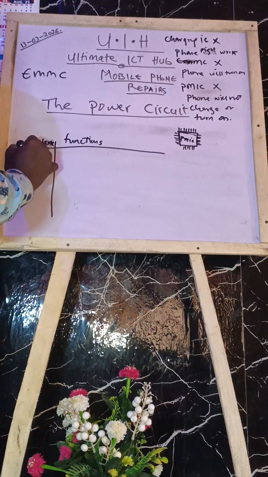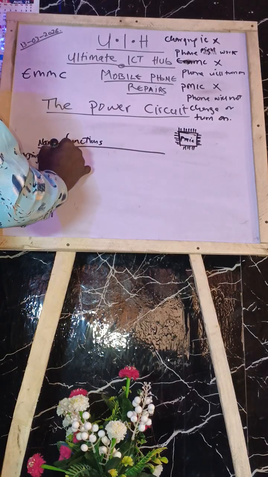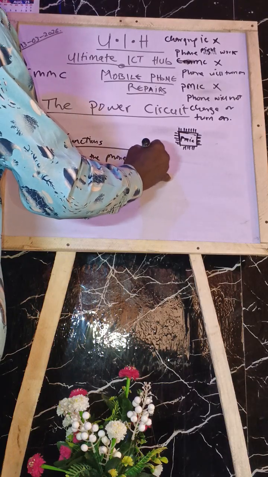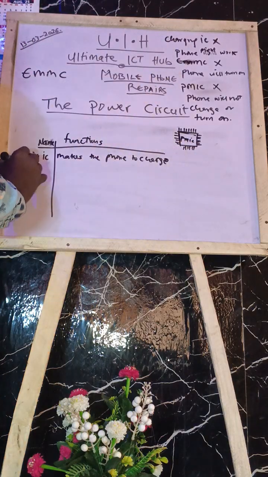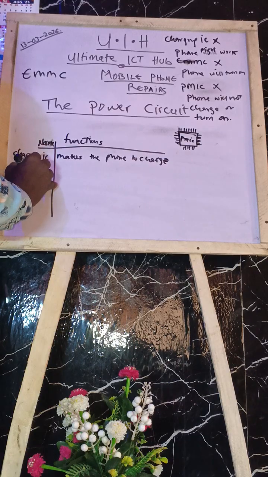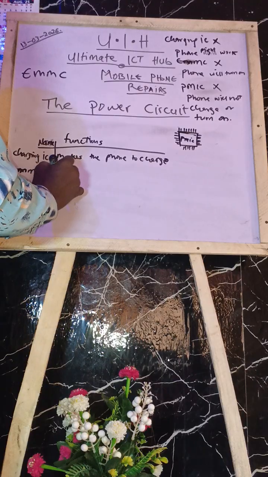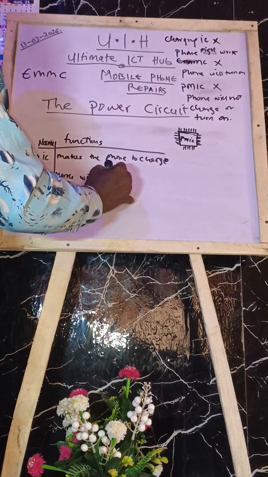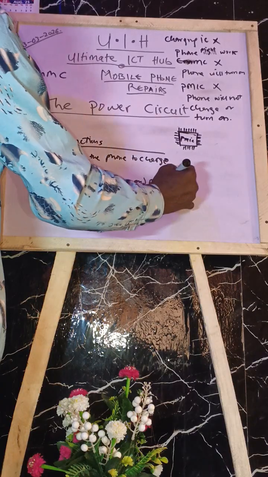Charging IC: makes the phone to charge. EMMC: works with the ROM and RAM for booting.